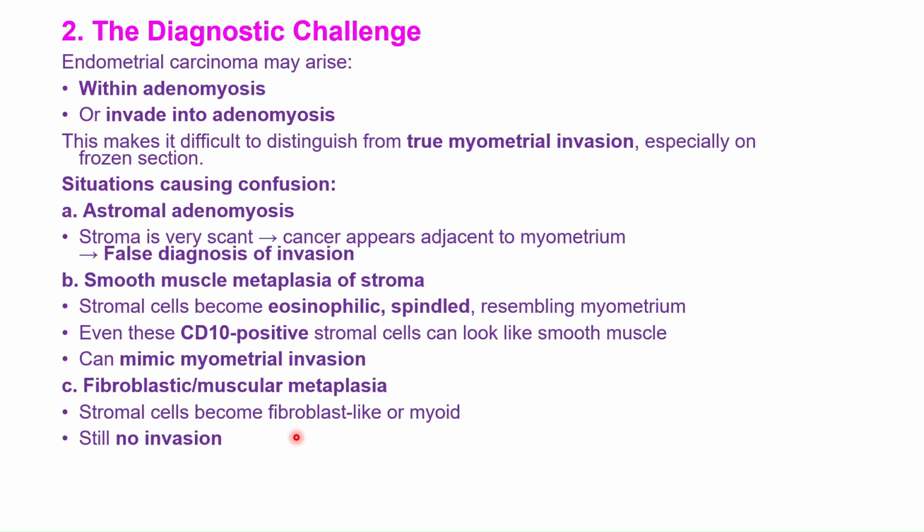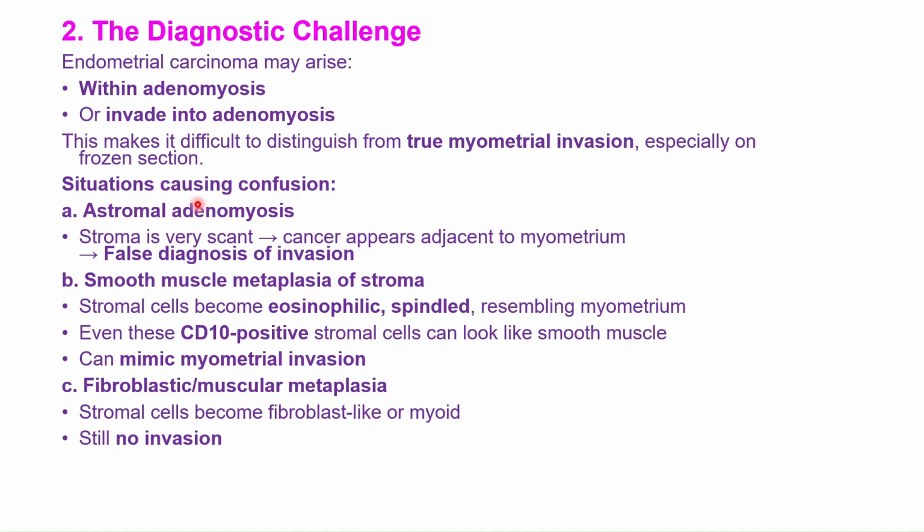Whenever we see adenomyotic glands, we have to see whether the surrounding stroma is present or not. Now, what are the diagnostic challenges? Endometrial carcinoma may arise within adenomyosis or invade into adenomyosis. So this makes it difficult to distinguish from true myometrial invasion, especially on frozen section.